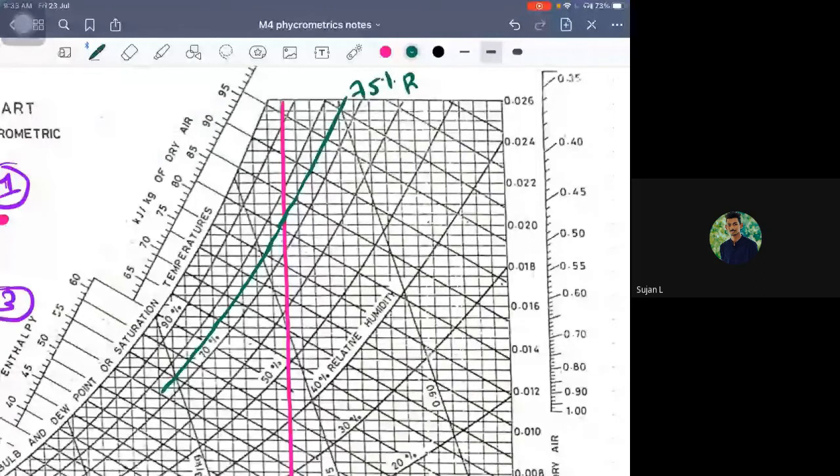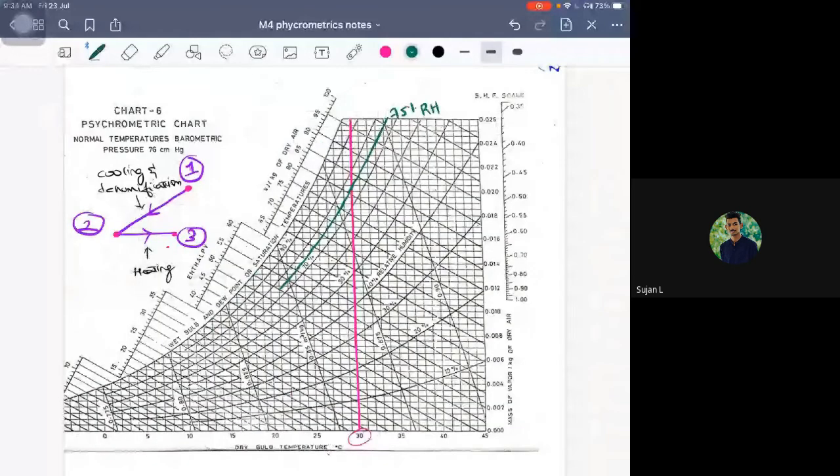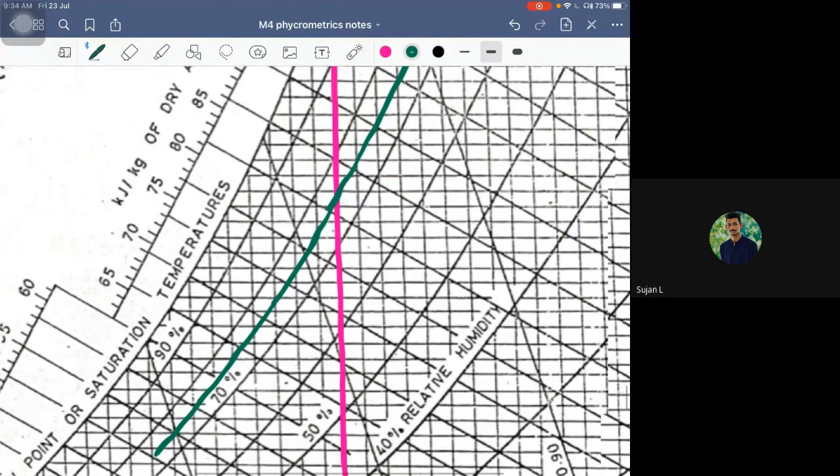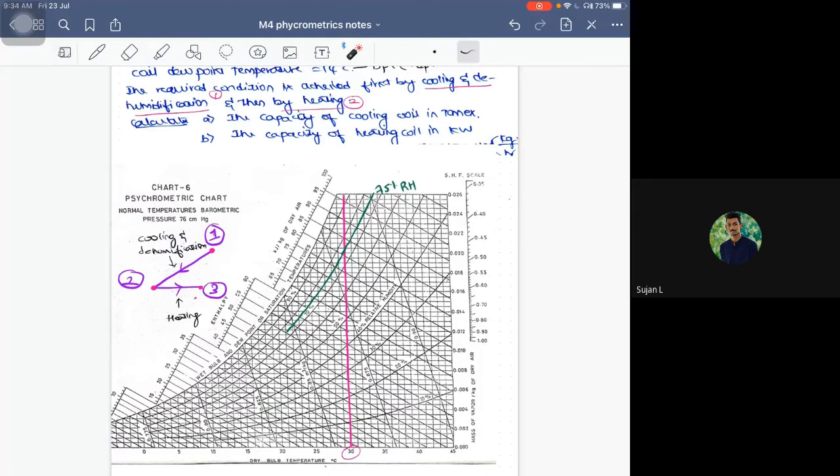Am I clear until here? Okay, now the conjunction of these two, 30 degrees Celsius DBT and 75% RH, is your outdoor condition point.